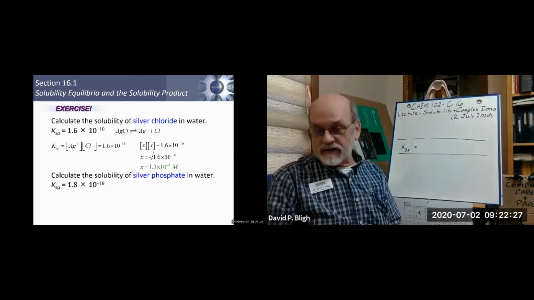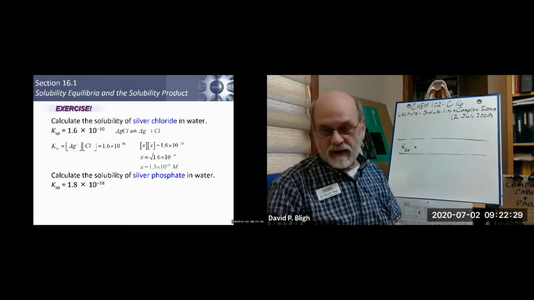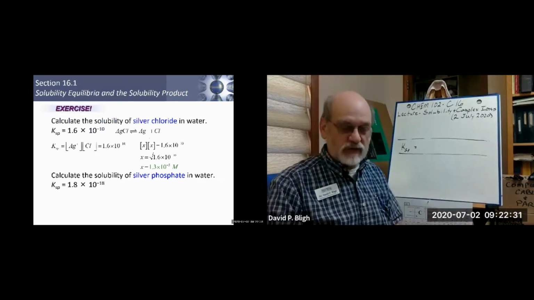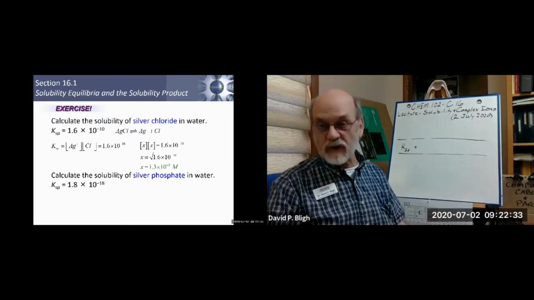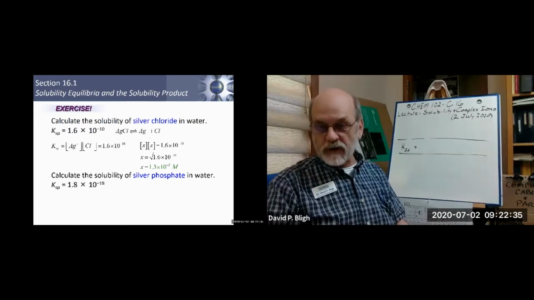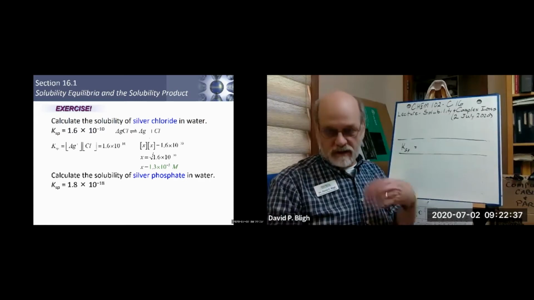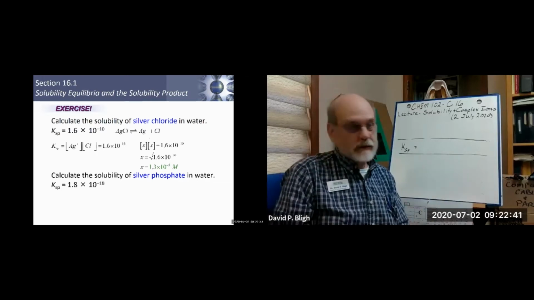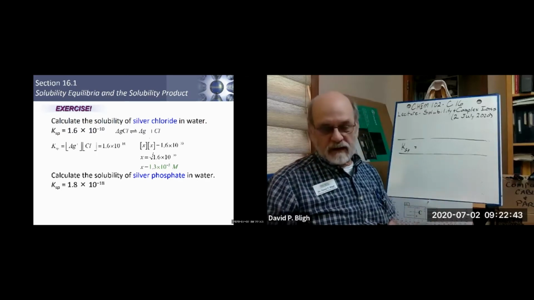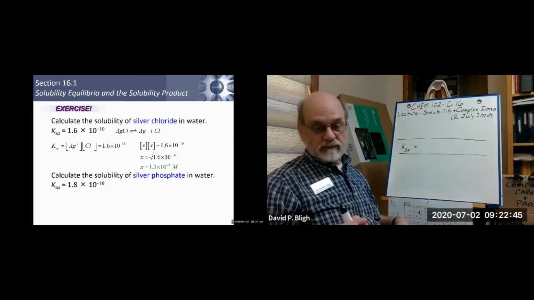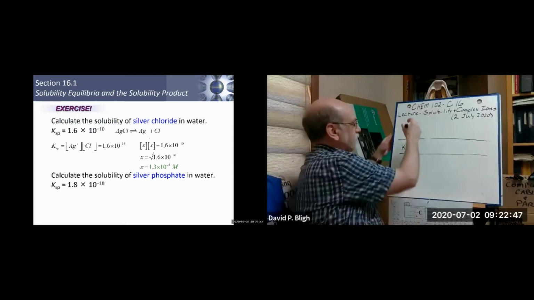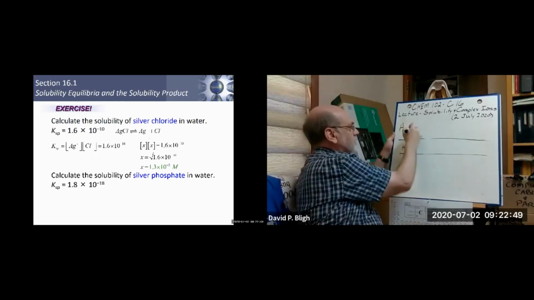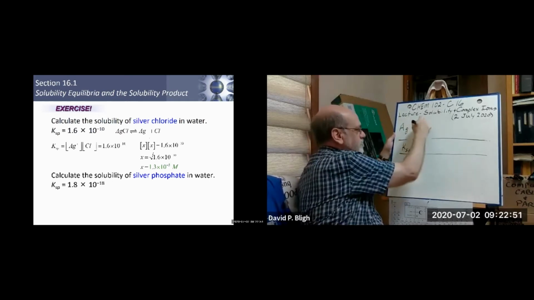So that's why in Gen Chem 1 and in Intro to Chemistry, I always hammer nomenclature. Because if you don't know nomenclature and how to go back and forth between names and compounds, then you might as well just give up and go home. So, silver phosphate.